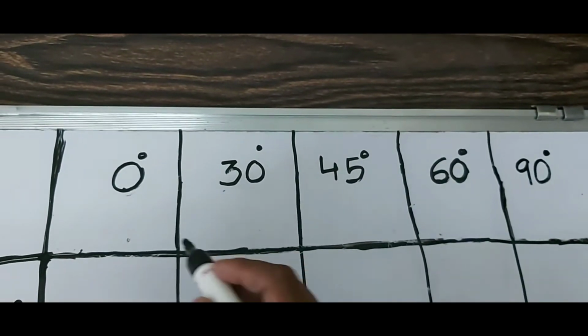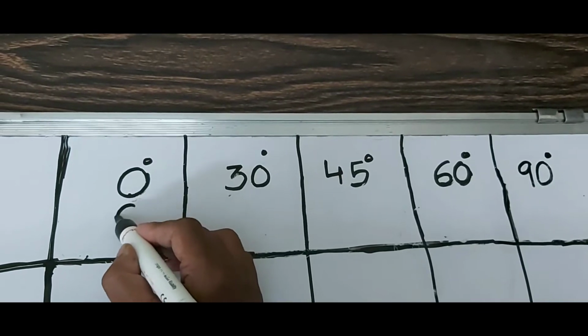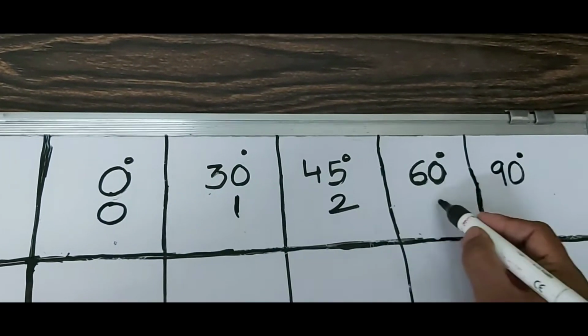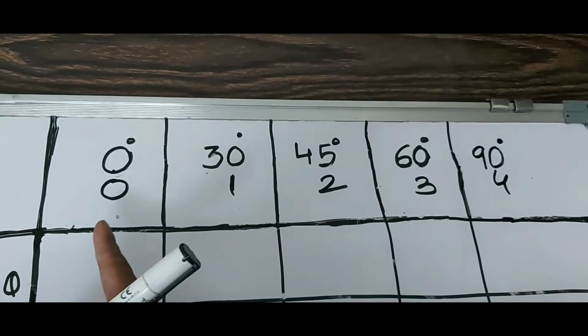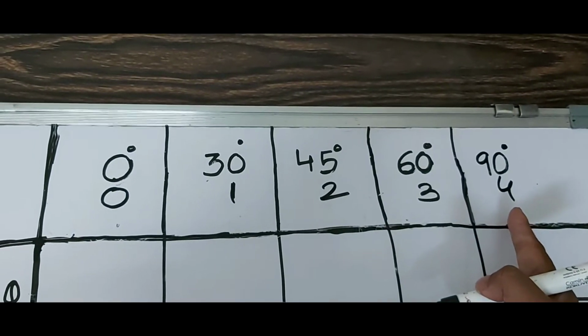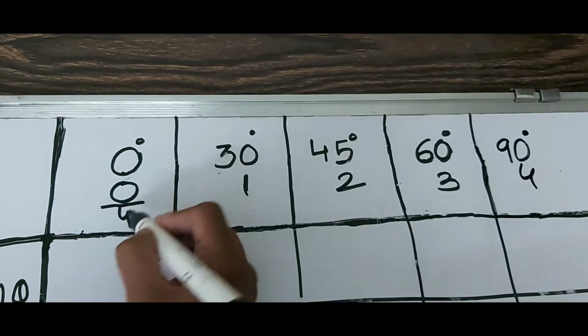From the 0 degrees onwards, start writing whole numbers 0, 1, 2, 3, 4. Among all these whole numbers, 4 is the biggest number. Now divide each number by 4 and apply root.